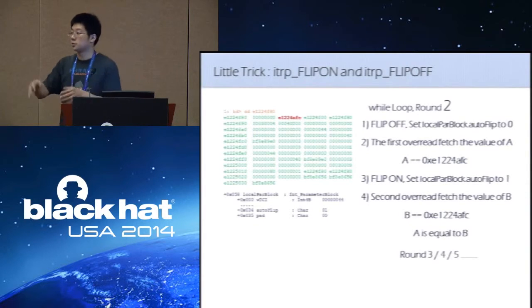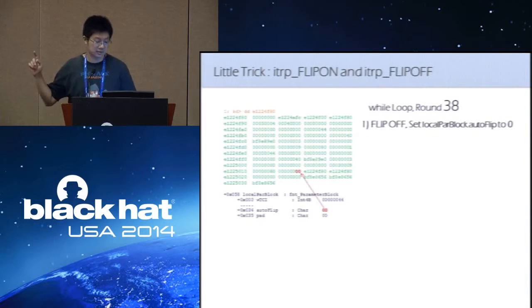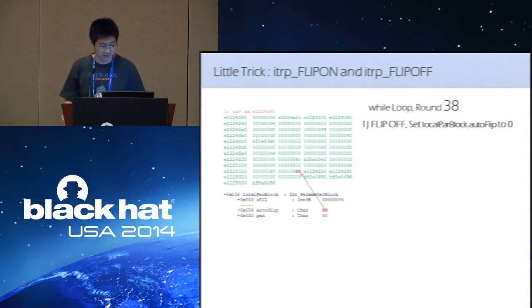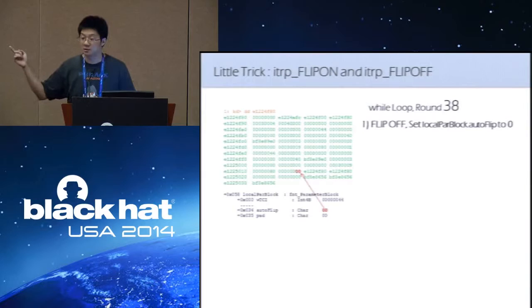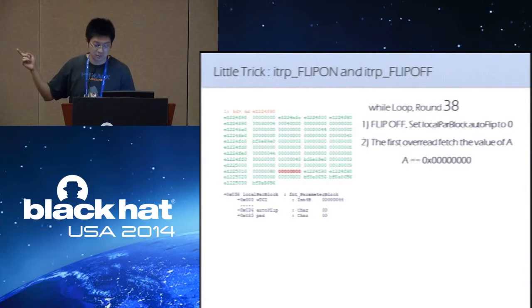And round 3, 4, 5, up to round 38. When it's flip off, set to 0, and read A, now A is 0.